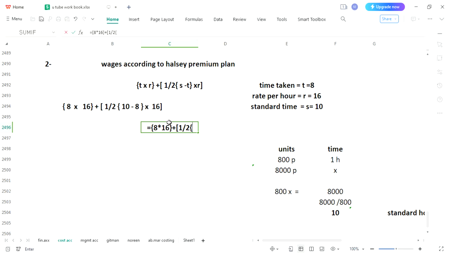So I am writing directly 2 multiplied by 16, and then you will close your small bracket as well as big bracket. Now keep understanding, keep your mind focused over here. 8 multiplied by 16, then half. 10 minus 8, 2. 2 is required to be multiplied by 16, so you have put your formula.